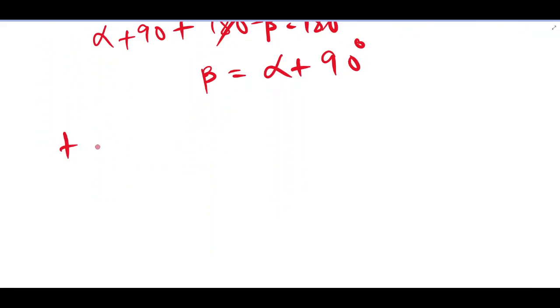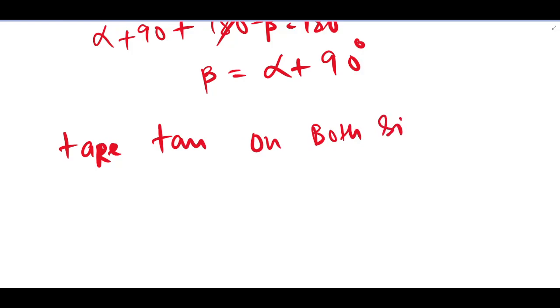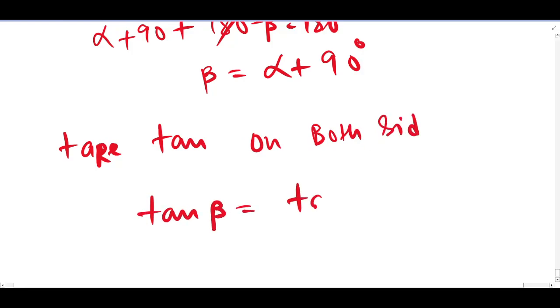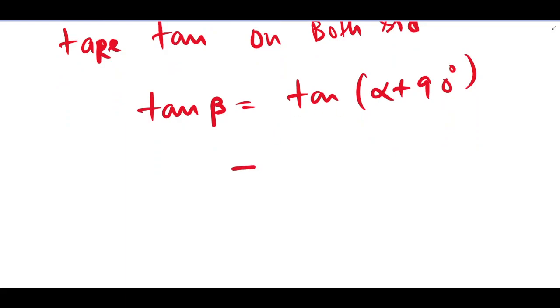Taking tan on both sides, tan beta is equal to tan of alpha plus 90 degrees. So tan of alpha plus 90 is minus cot alpha.